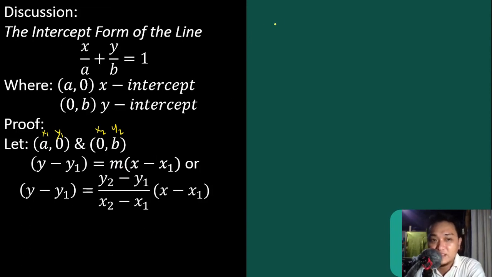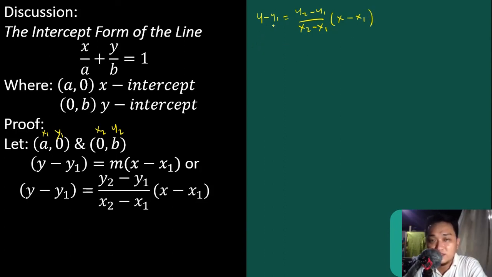Okay. Let us solve. Y minus y sub 1 is equivalent to y sub 2 minus y sub 1 over x sub 2 minus x sub 1 times the quantity x minus x sub 1. So what is our y sub 1?